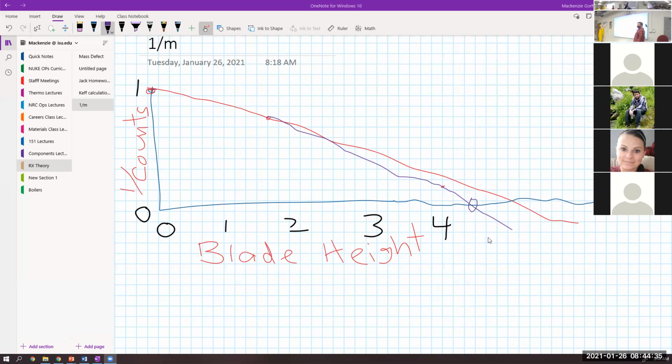Then your data is starting to tell you, okay, we're getting to the point where our counts are starting to be representative of K effective instead of M. Okay. And then right after that, just turn in the graph that we've made with the inverse counts.